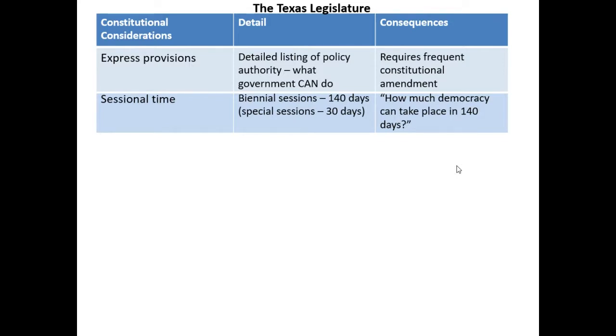All the contingencies that you can't anticipate. Nobody anticipated in January of 2019, nobody in the Texas legislature anticipated COVID-19. There's nothing in the budget of the state of Texas as a contingency for COVID-19.